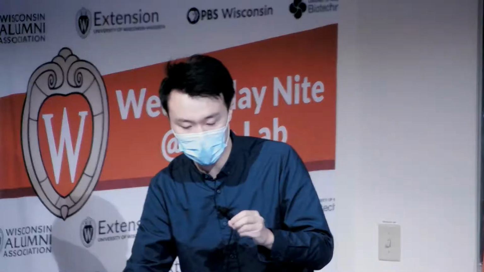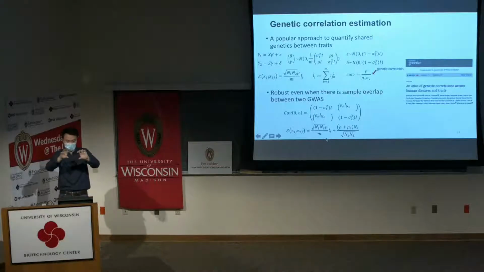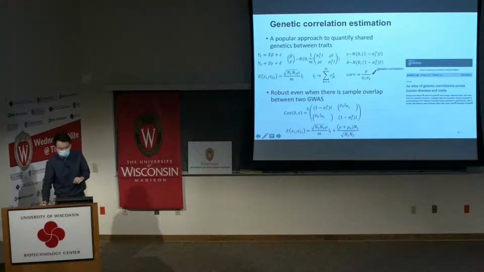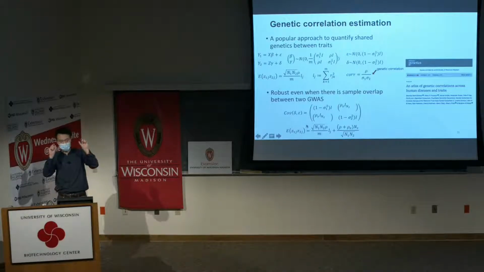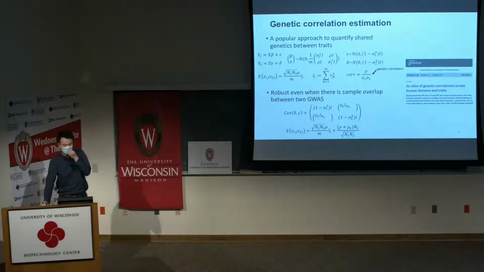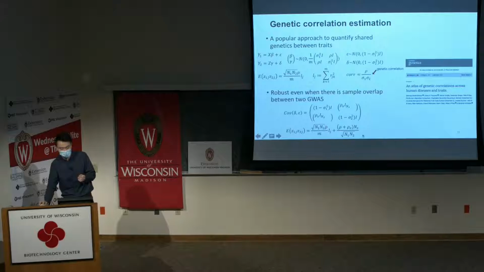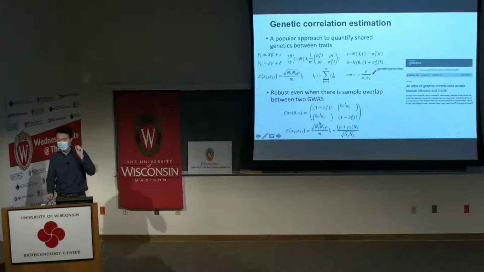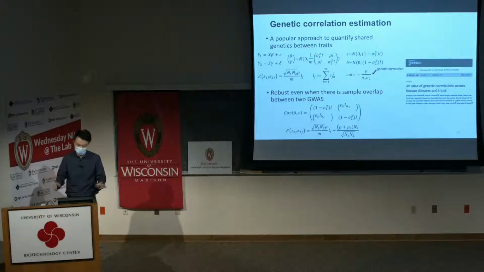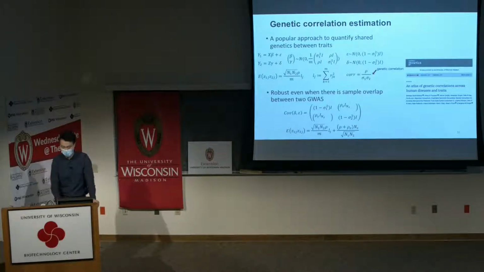When you look at the formula at the very bottom of this slide, when you regress the product of test statistics on LD score, all the bias introduced because of sample overlap will be on the intercept of this regression. The slope is still a very good estimate of the true parameter you're actually interested in. So it's incredibly robust. It's not our paper, but it's one of my favorite papers in the past few years.